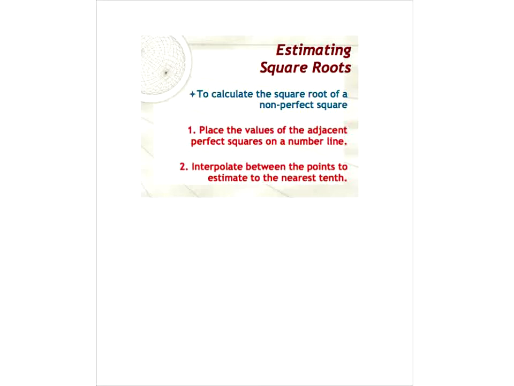Adjacent just means perfect squares that are above or below the one we're looking at. And then it says interpolate. Well, that's a big word, eh? Interpolate is just find the information that's in between. And estimate to the nearest tenth. So we'll see how we do that.